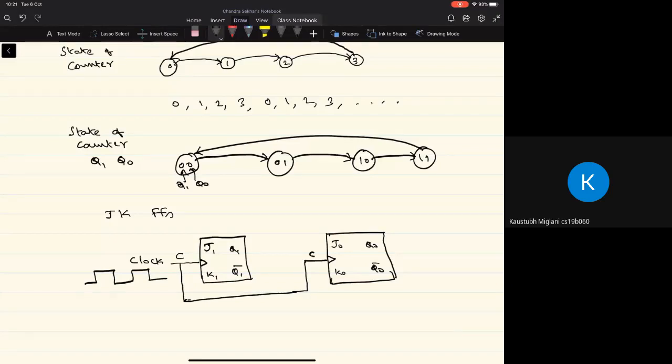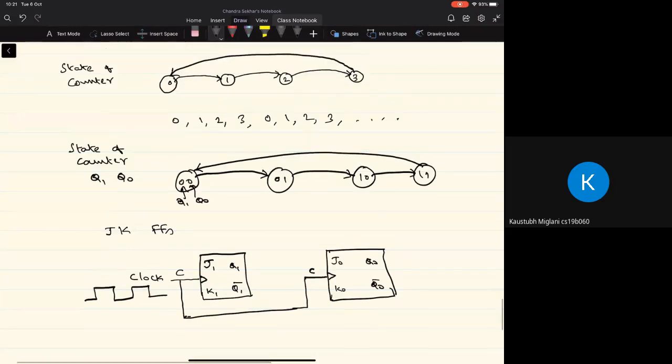So now we have to come up with a method that will determine what will be the expressions for J1 K1 and J0 K0, right? And by applying these inputs to the flip-flops accordingly, the counter will go through this particular sequence of 0, 1, 2, and 3. Okay. So what have we done now? First, we described the operation of the counter in terms of the state diagram or state transition diagram, right?